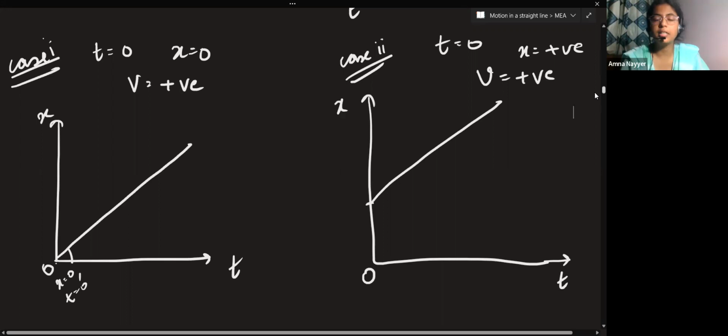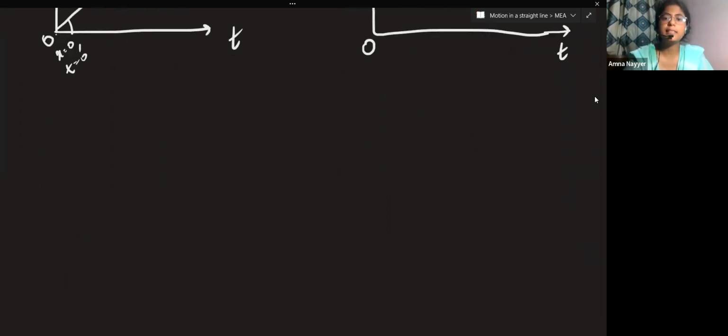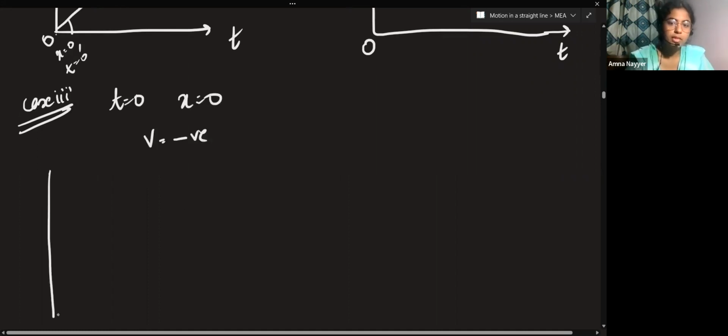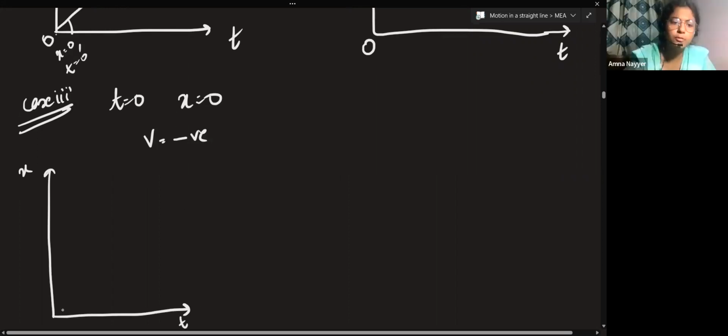Let's take a different case, how to plot the graphs. Let's say case 3. Time is 0, position is 0, but velocity here is negative. Maha, will you tell me, will the graph start from origin or not? Yes, ma'am. It will start because both of them are 0. So it will start from origin.